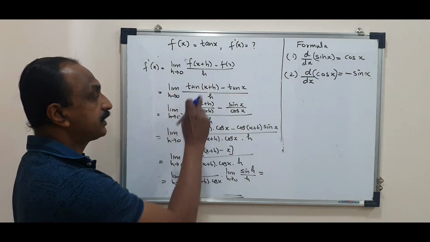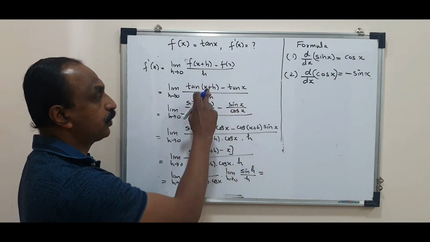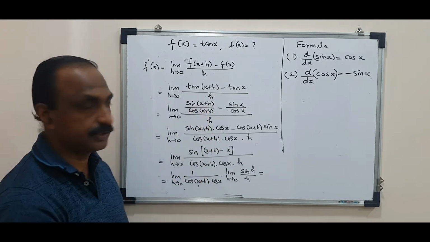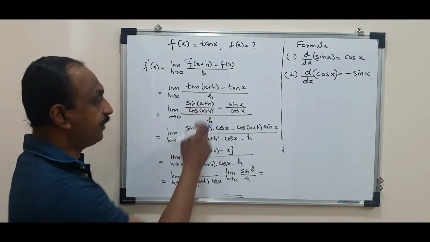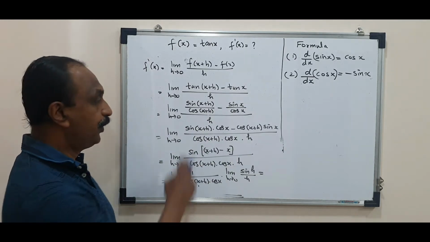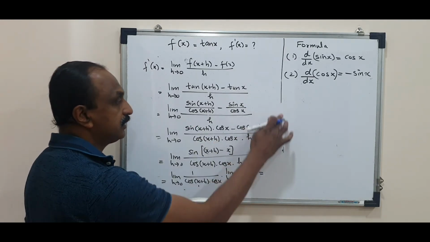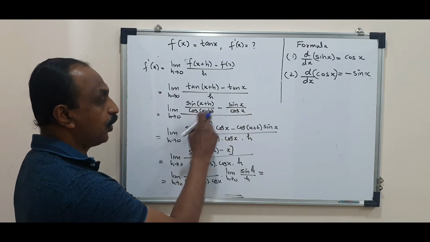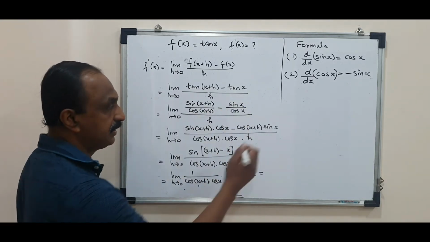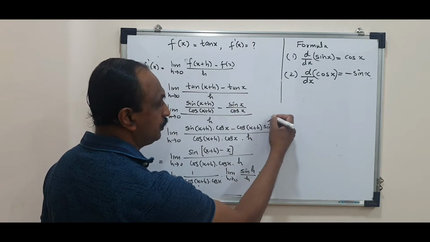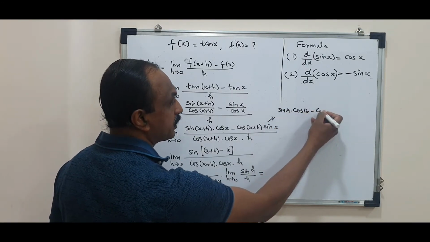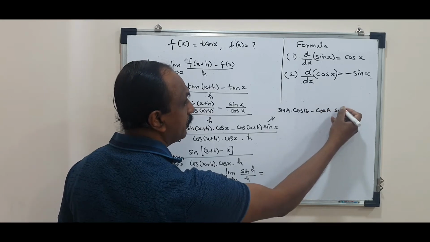So tan is written as sin upon cos, and the angle is x plus h, so both will have the same angle, x plus h. Then we have taken the LCM. When you take the LCM, you notice that sin of x plus h will multiply with cos x, and cos of x plus h will multiply with sin x, and the numerator turns into sin a cos b minus cos a sin b.